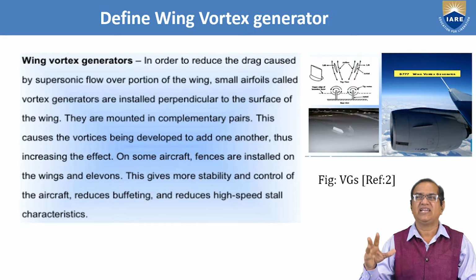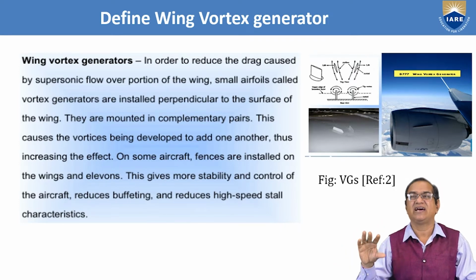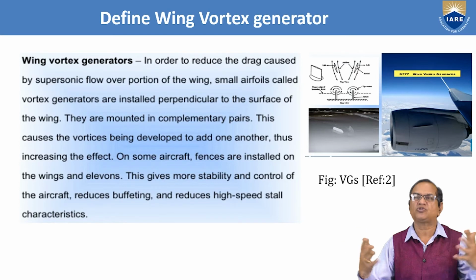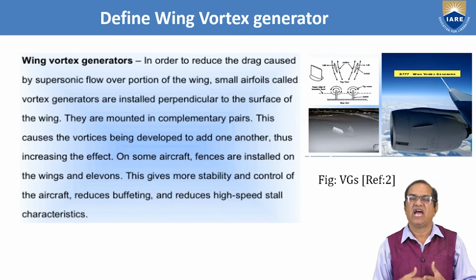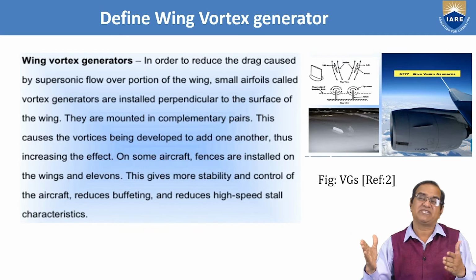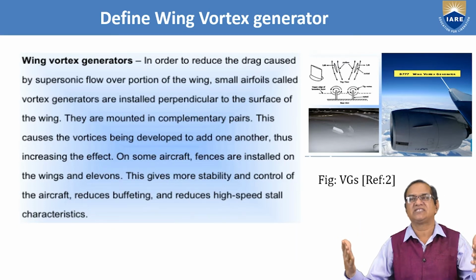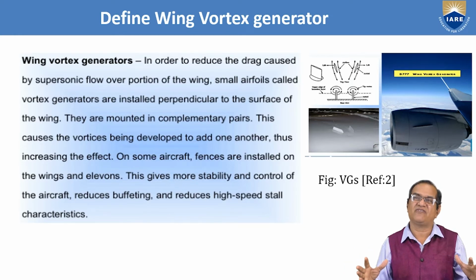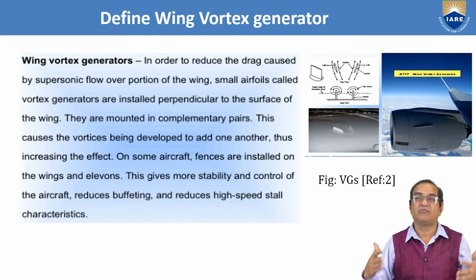When the air separates, the drag increases and lift is reduced, because the effective wing area which is supposed to generate lift is not taking part. As you increase the angle of attack, 20%, 30% more area is not taking part in generating lift. This makes the aircraft ineffective, and its aerodynamic performance is reduced.